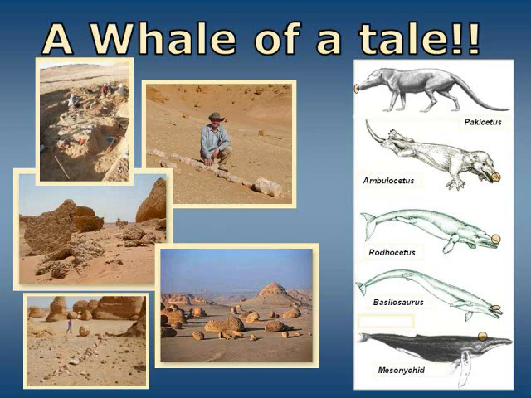He's still breathing oxygen, so the nostrils had to move to a position where he could still breathe in the water. You can see how those nostrils gradually made their way back until they were on the top part of the head, so that the whale could breathe successfully in the water.